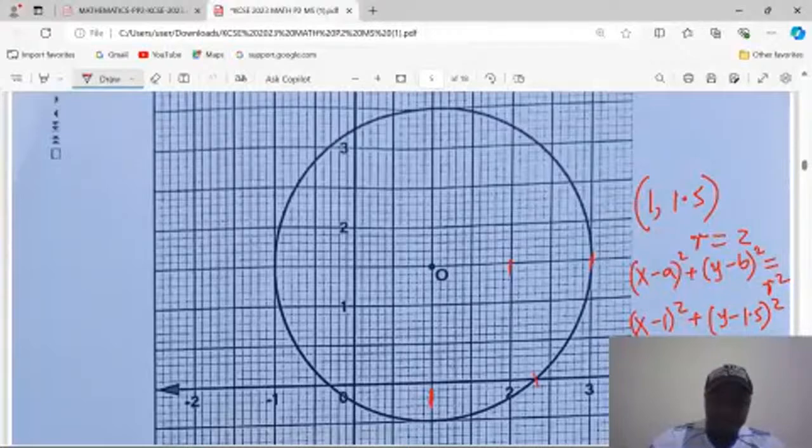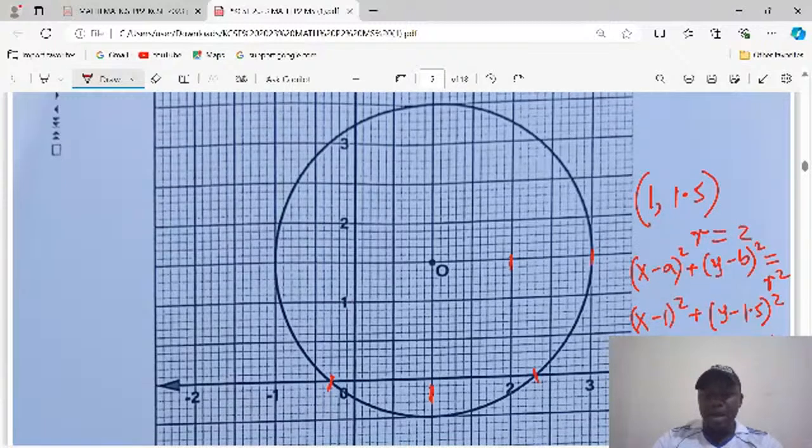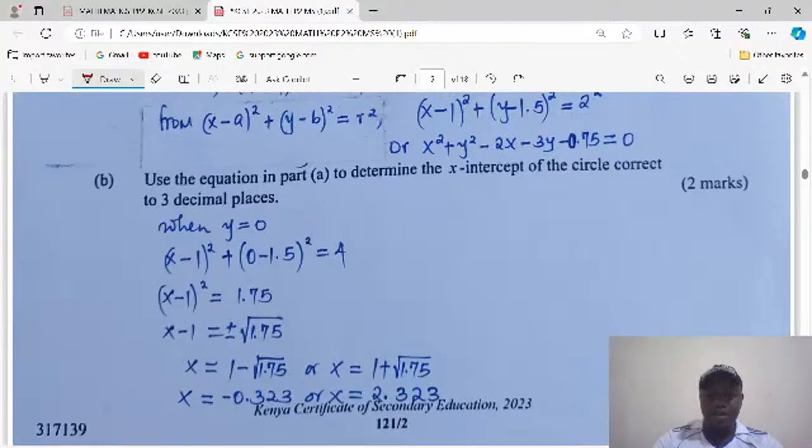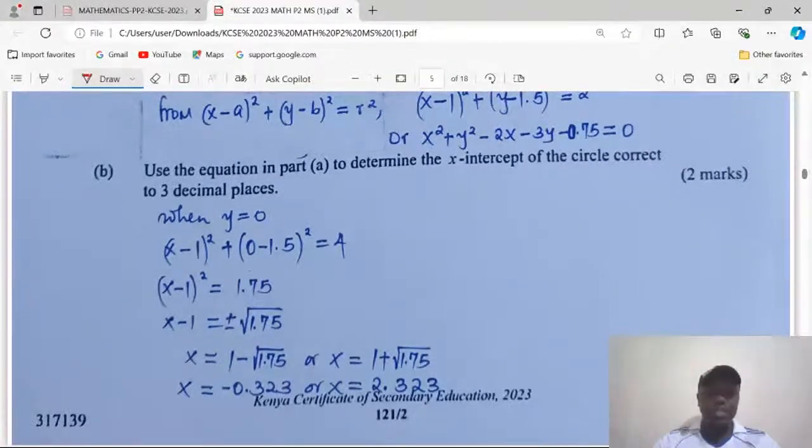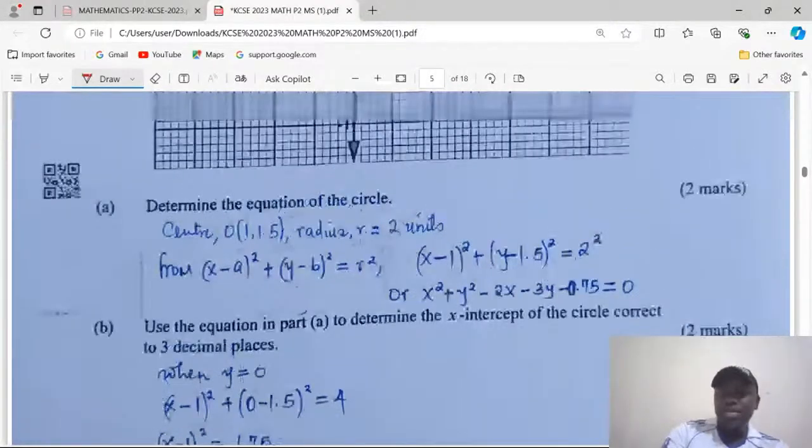This point and this point, we can read them. But now the examiner is very categorical in this case. They are saying we calculate now to 3 decimal places. From the graph, you cannot have an accuracy of 3 decimal places. We have now to follow the equation, which is as above.